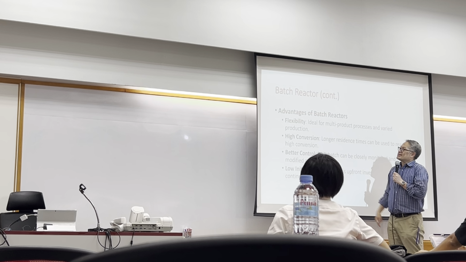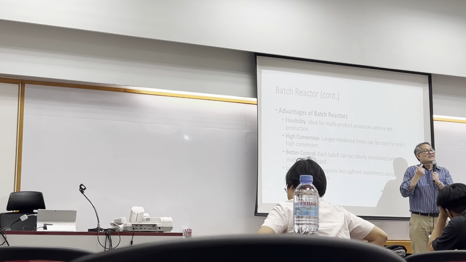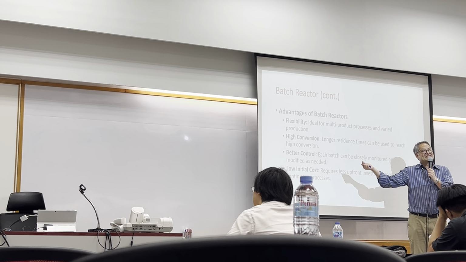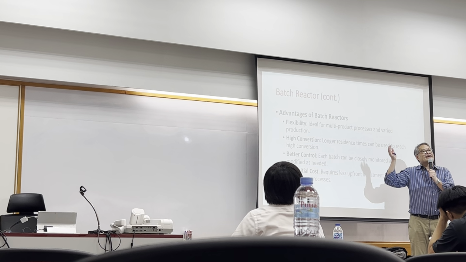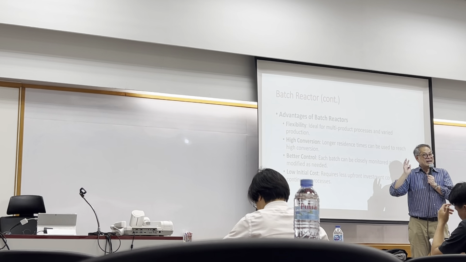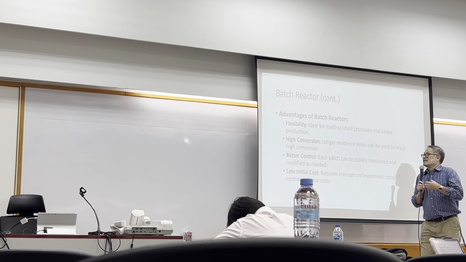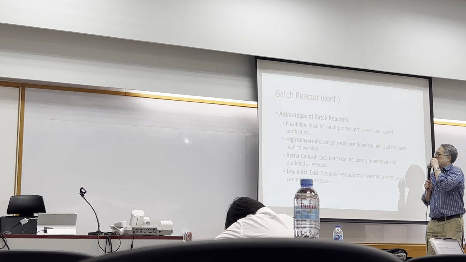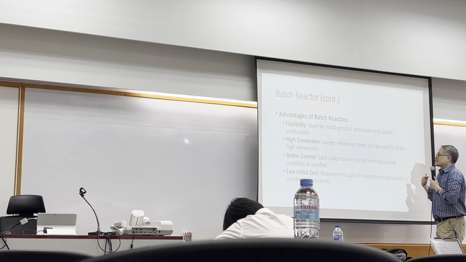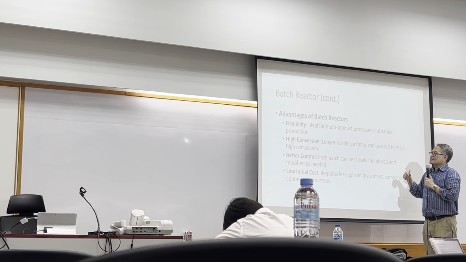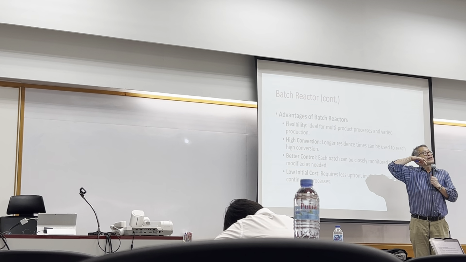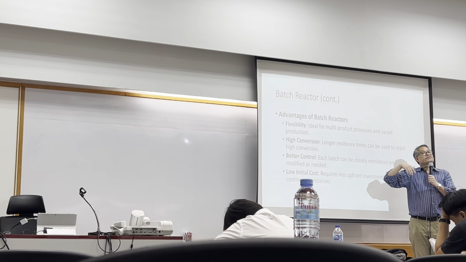And high conversion, because you can let the reaction go as long as you want. You control the time that the reactants spend inside the reactor, so you can let it go as high as you want. Better control: each batch can be closely monitored and modified, because sometimes a different reaction requires different conditions.